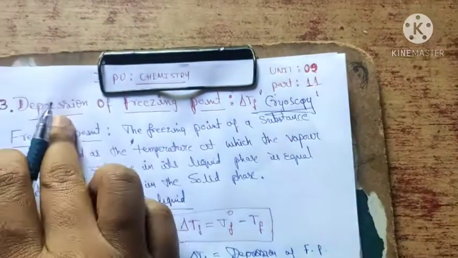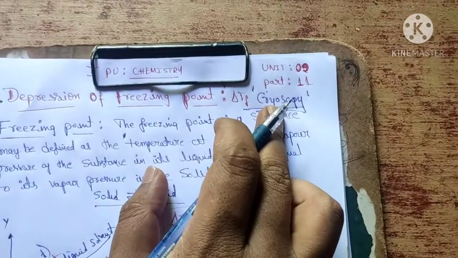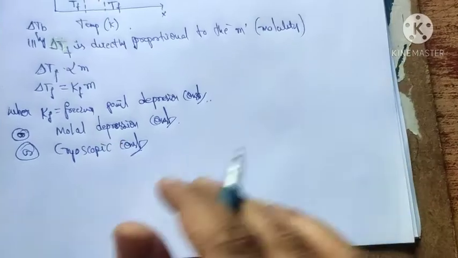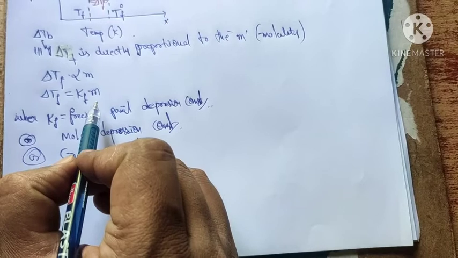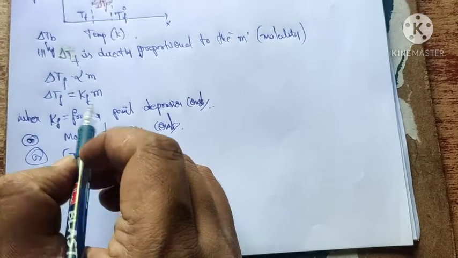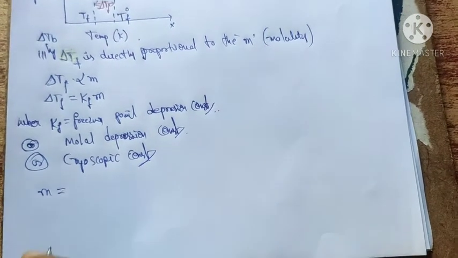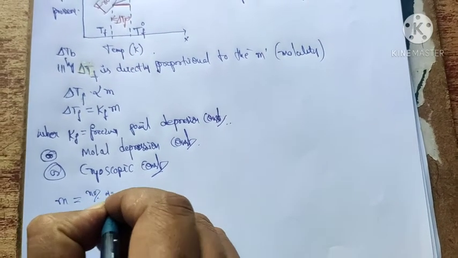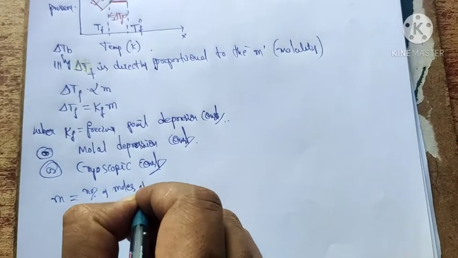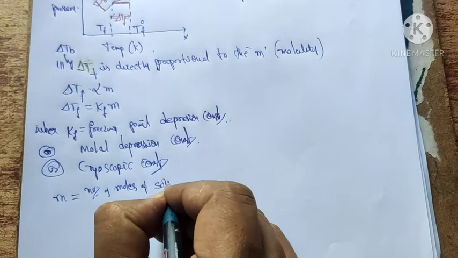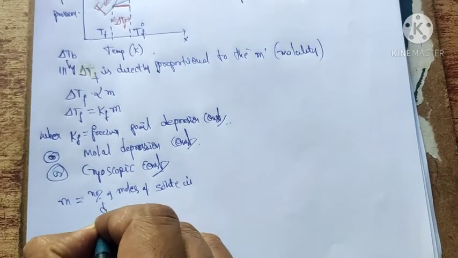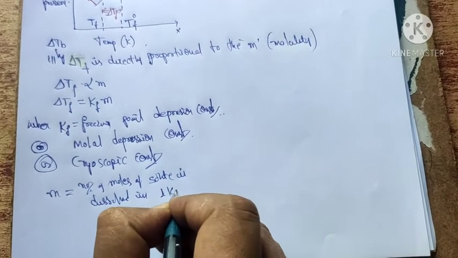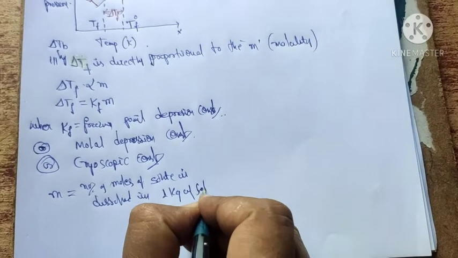This is depression of freezing point, cryoscopy. So the term is small m, molality of a solution. So what is the meaning of molality? The number of moles of solute dissolved in 1 kg of solvent.